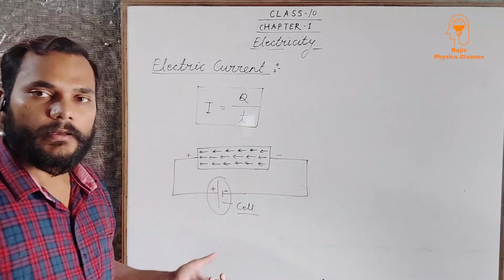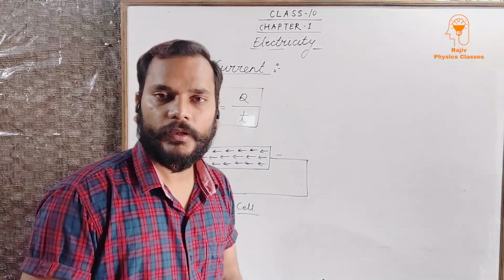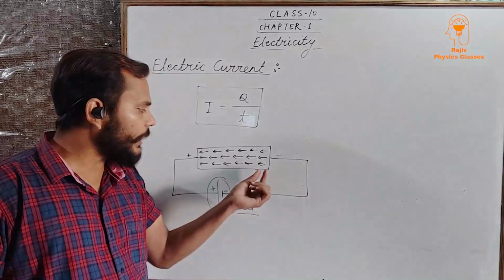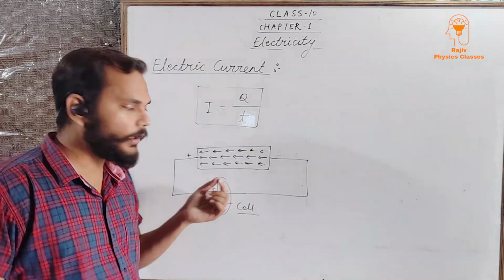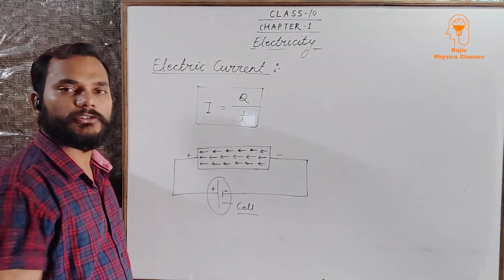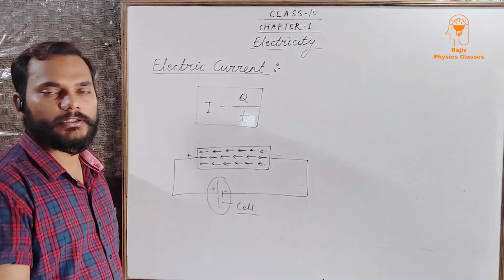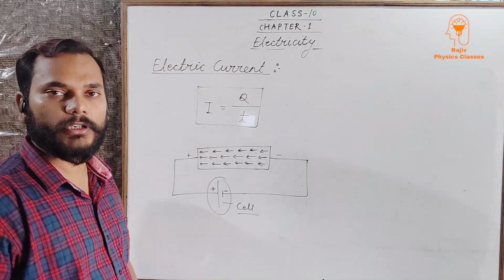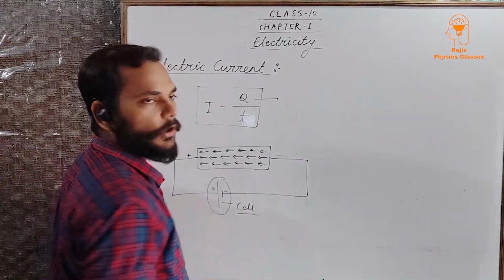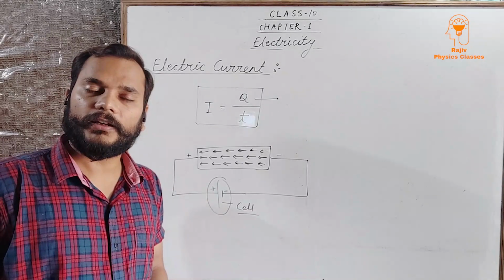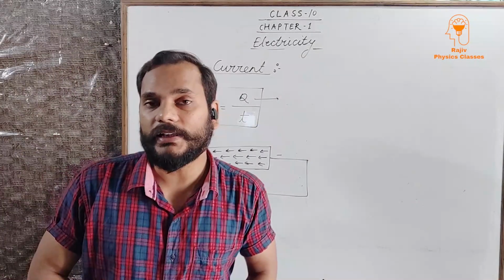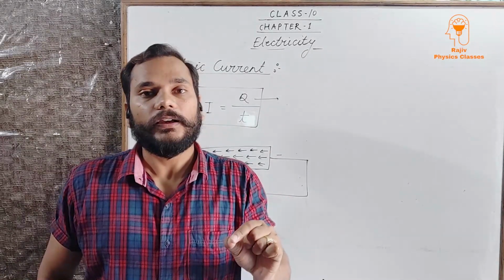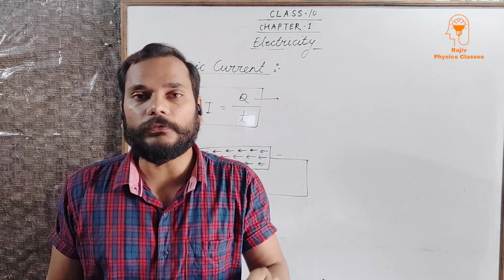We can see here the electrons are moving towards the positive terminal of the cell, and due to the flow of these electrons only, electric current flows through this wire, through this cross section of the wire. So the formula says I is equal to Q upon T, where Q is actually the flow of negative charges. Here it is very important to understand that we are calculating the electric current due to the flow of electrons.